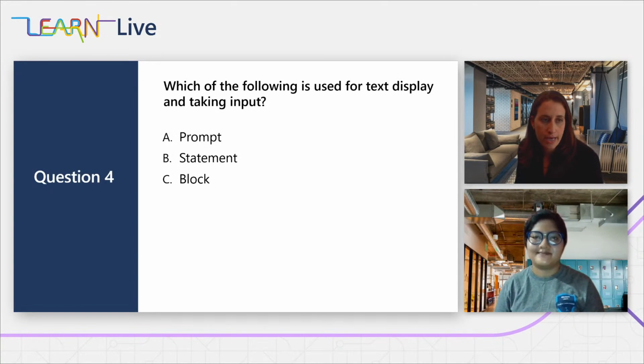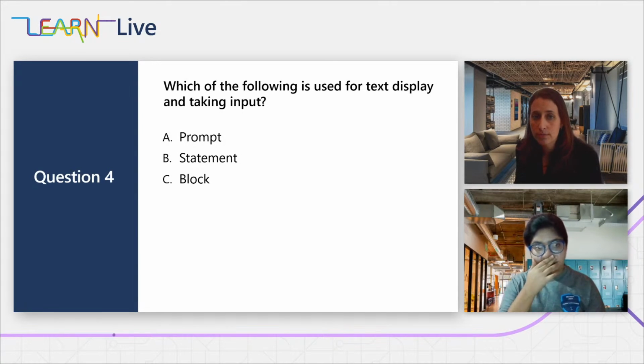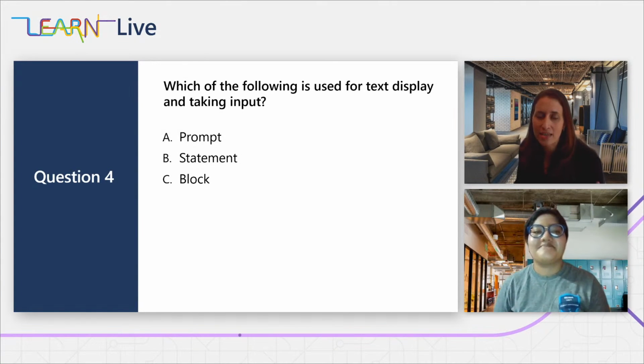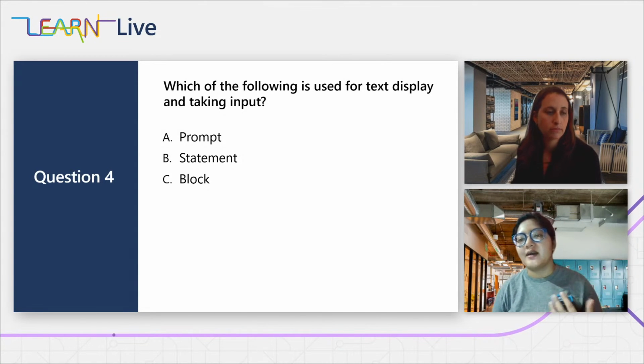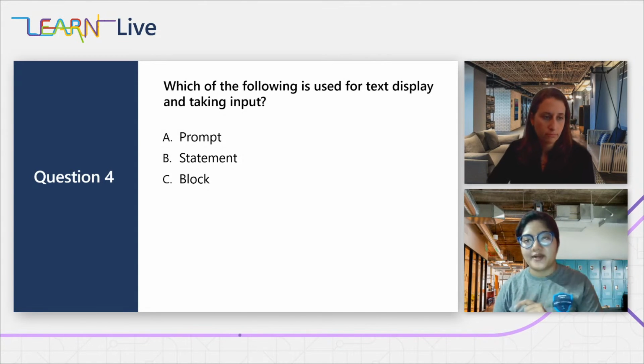So, Tricia, what do you think? Which of the following would you use to display text and take input from the user within the Azure Health Bot custom scenario? Okay, so when we were creating the demo, I think we saw that block is what we call every component.